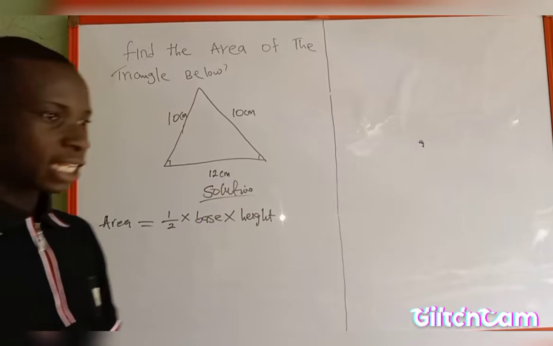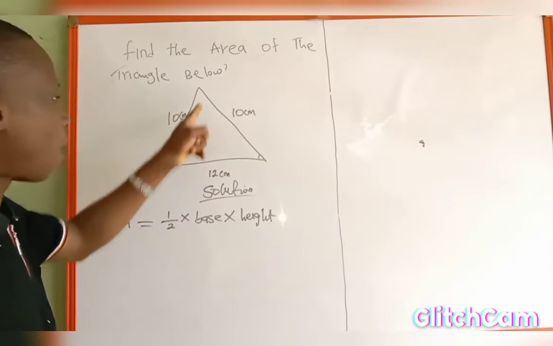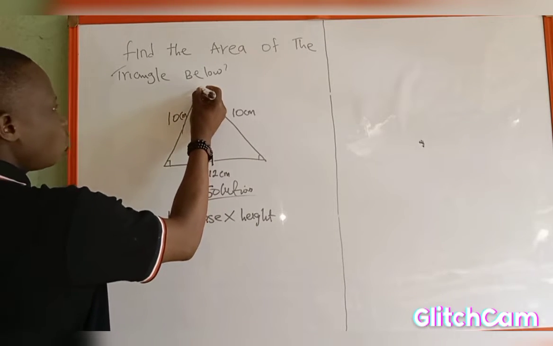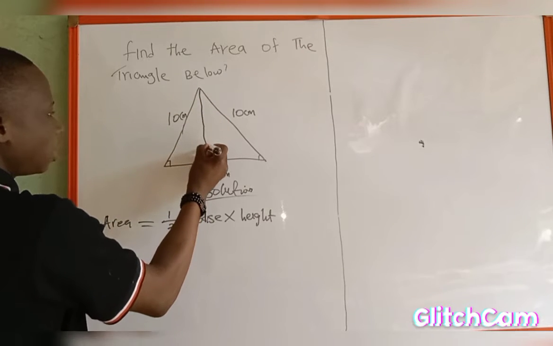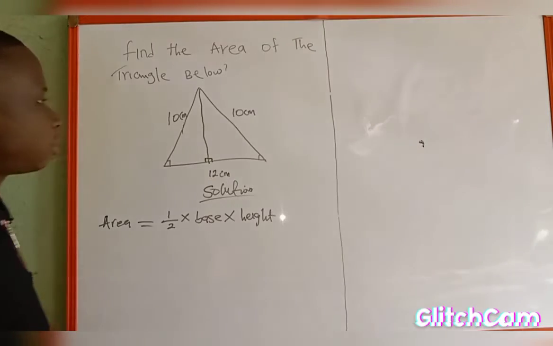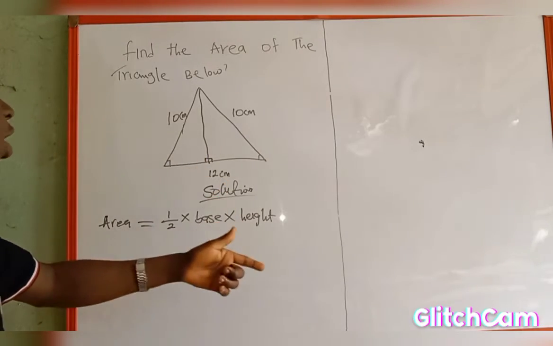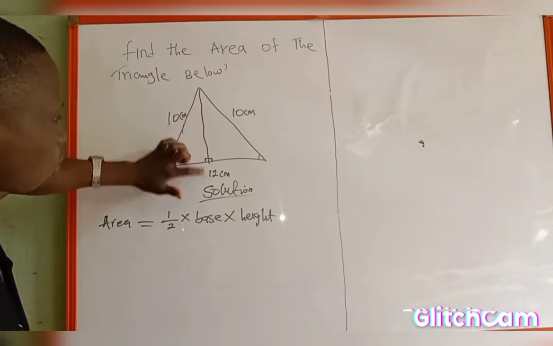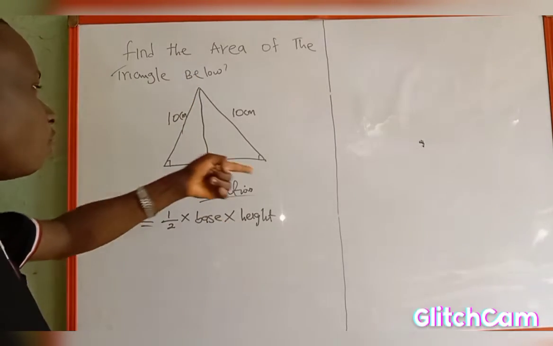Before we can get the height, remember we have to bisect this triangle. Bisect means that you have to draw a straight line here. That is the bisection of a triangle. We have bisected this triangle, and this line that stands upright is the height of the triangle.